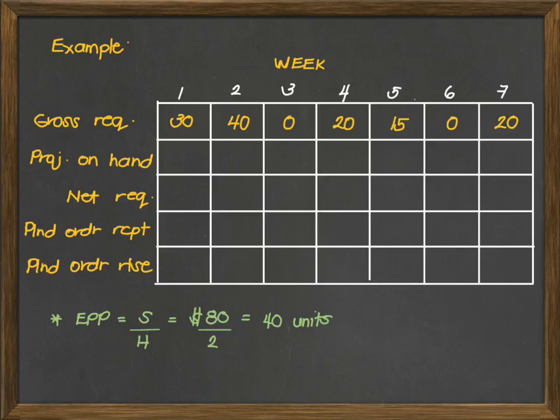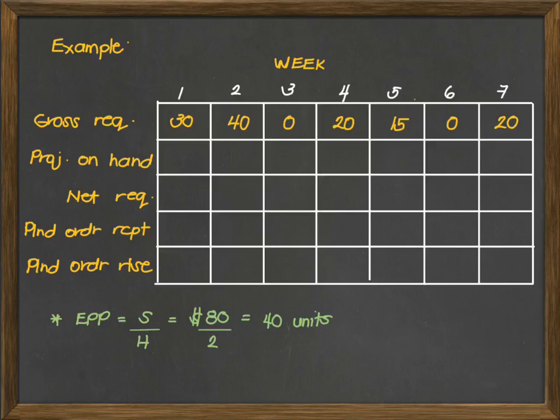Now, take note, PPB is not applicable to every lot sizing problem. How do we know if it is not applicable? Look at the given information, our gross requirement. If any of your gross requirements, even just one, is larger than the EPP, it means PPB is not applicable for that particular problem.